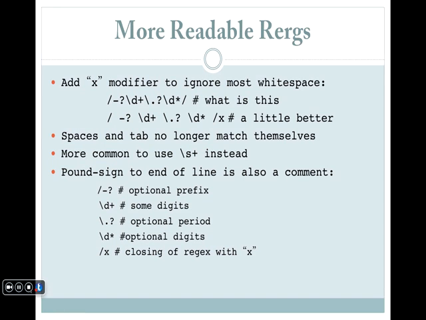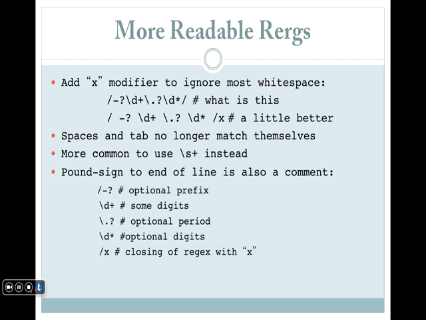As I said, spaces or tabs no longer match themselves in this way. You can also use backslash s plus, which makes sure to follow with x, otherwise whatever will never be matched.